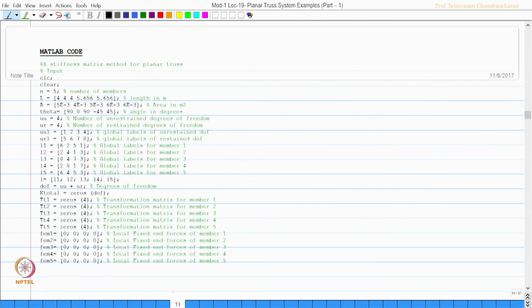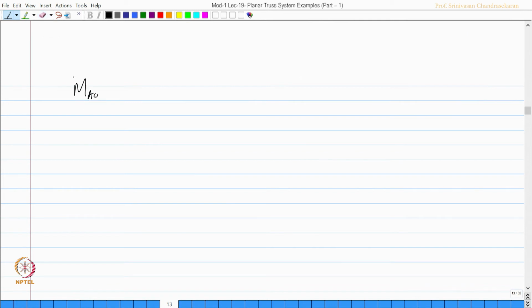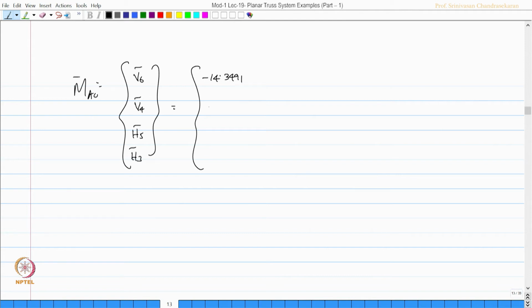Let us work out M bar AC, which will have labels as V bar 6, V bar 4, H bar 5 and H bar 3, which will amount to minus 14.3491, 14.3491, minus 14.3491 and 14.3491.